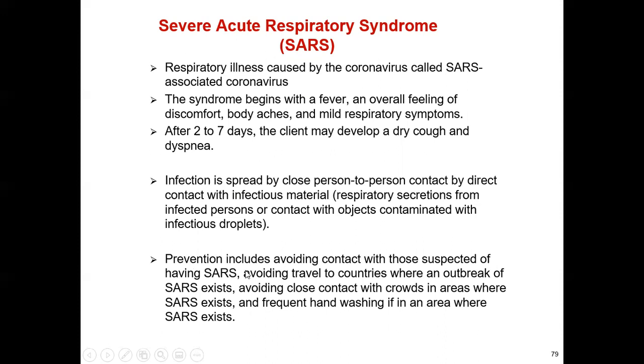Prevention includes avoiding contact with those suspected of having severe acute respiratory syndrome, or avoiding travel to countries where there are outbreaks. Avoiding close contact and frequent hand washing can stop the spread of the disease.